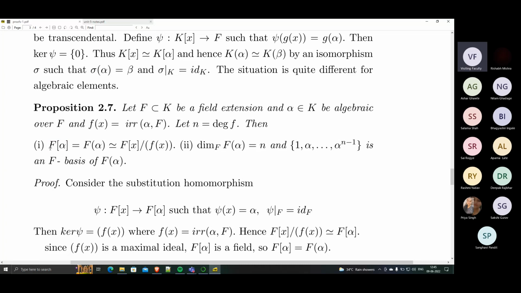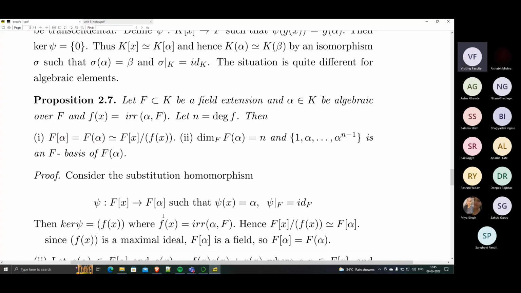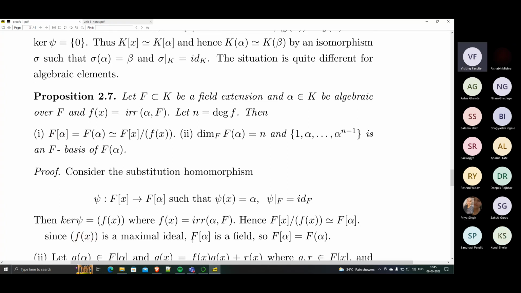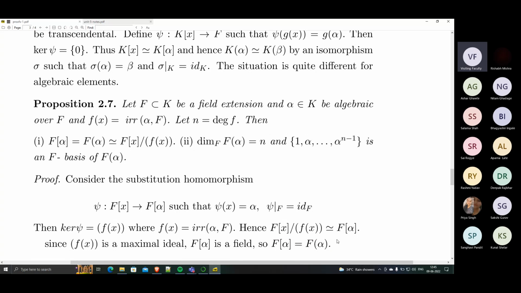So if this is a field, and this is definitely the smallest field containing the first one, then both of them have to be equal. Is that okay? So since this ideal is maximal, F[alpha] is a field, and so these are equal, because F(alpha) is the smallest field containing F[alpha].